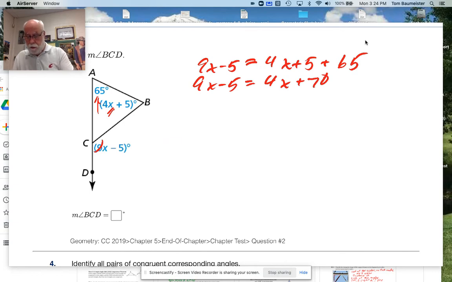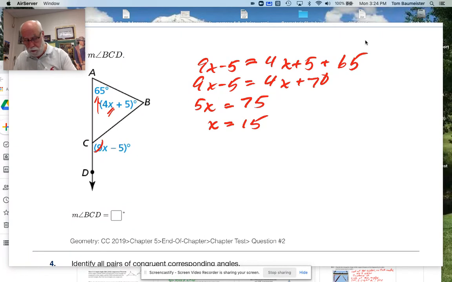Let's see, I'll subtract that 4x, so 9x minus 4x is 5x, is equal to, I'll add that 5 to both sides, I can do it in my head. And then when I divide 75 by 5, I'll get that x is equal to 15.